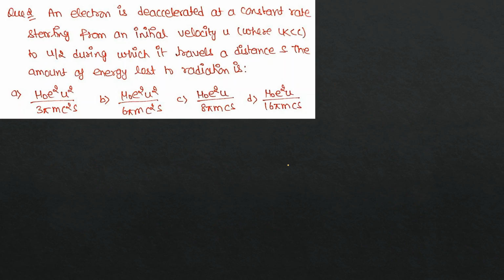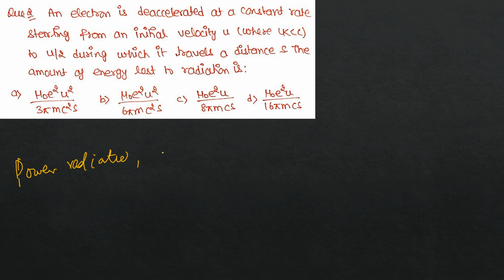Next question: an electron is decelerated at a constant rate starting from an initial velocity u to u by 2, during which it travels distance s. The amount of energy lost in radiation is? So power radiated is what?